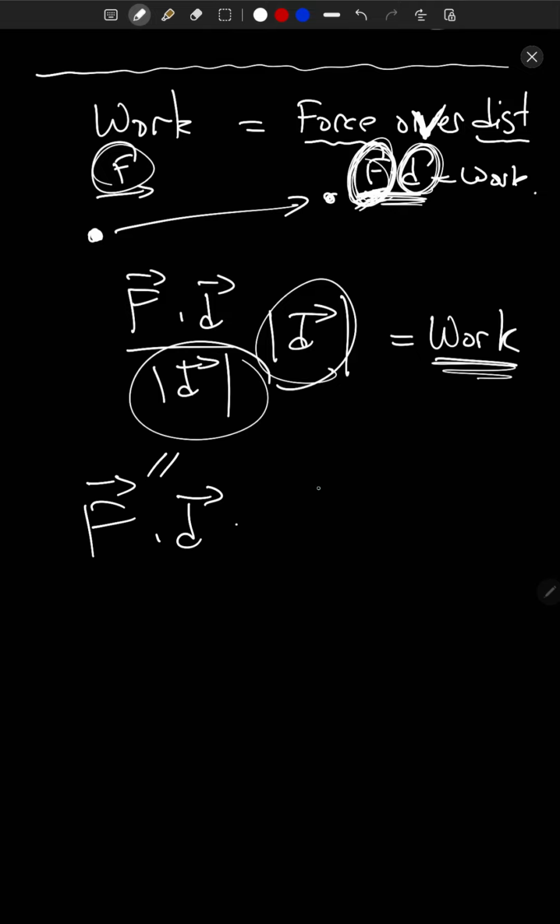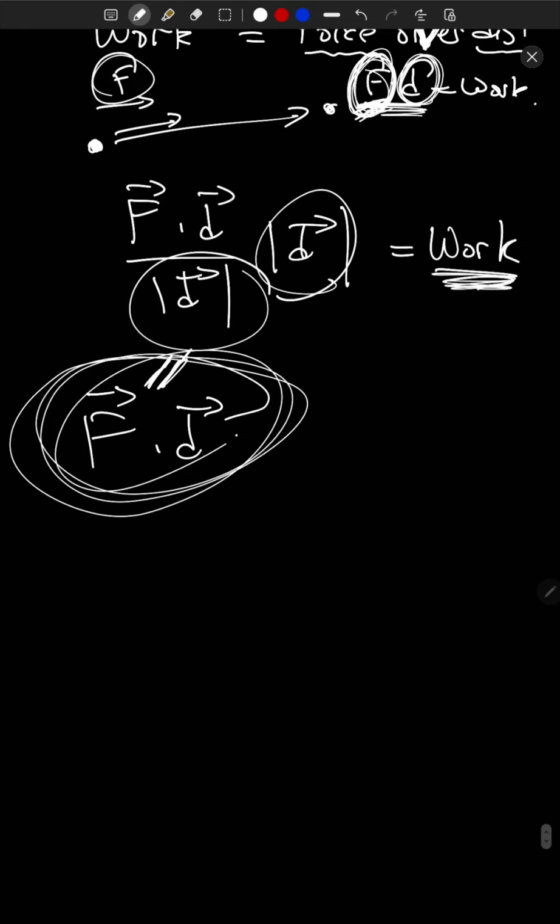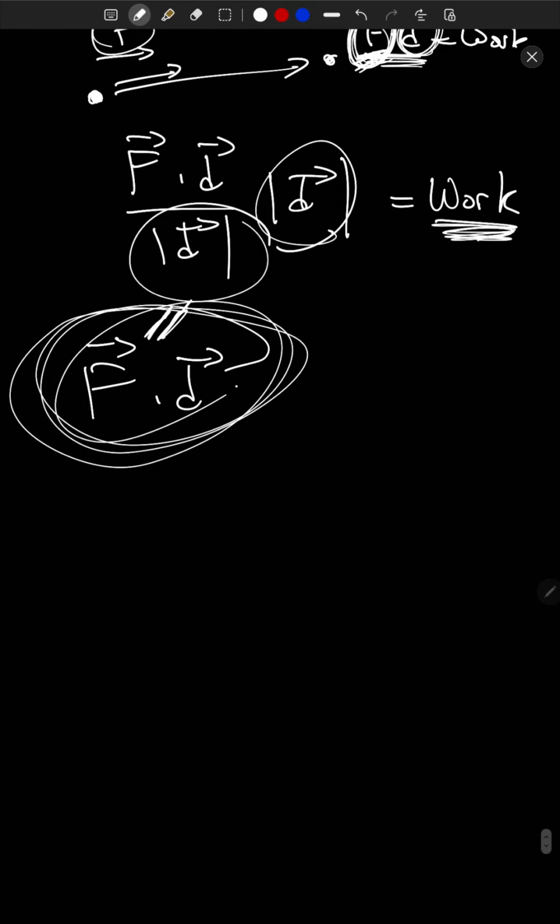So even in this kind of complicated situation where a force is not pushing exactly in the same direction as the motion of the object, work has a very simple description, F dot D. All of this makes sense because if your object is moving slightly skewed from your force, then some of your force is not doing the actual work in moving the object.